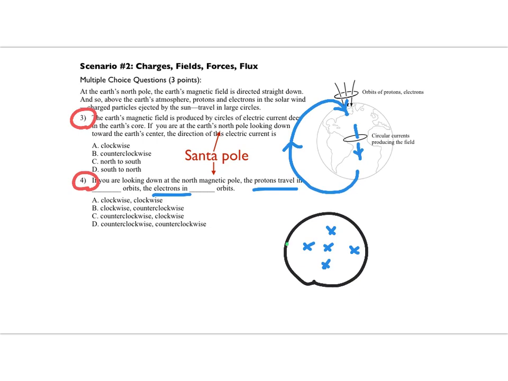The velocity is like so or like so. It's one way or the other. Which way is it? We know the force is directed towards the center of the circle. The magnetic field is directed straight down. Use the right-hand rule to determine which direction the velocity has to be, and then ask yourself, is that clockwise or counterclockwise? Then do the same for the electrons. Try both of those calculations before you check the posted solutions.